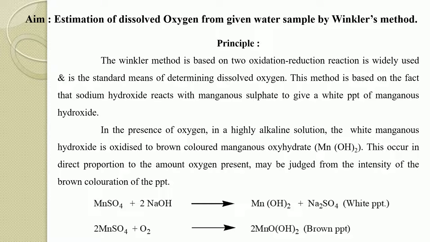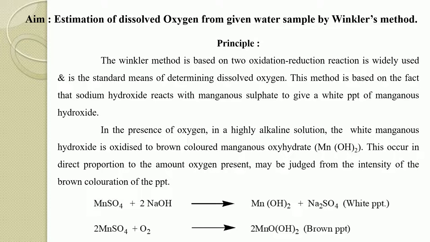The Winkler method is based on two oxidation and reduction reactions, and this is widely used and is a standard means of determining the dissolved oxygen from any given water sample. This method is based on the fact that sodium hydroxide reacts with manganese sulfate to give a white precipitate of manganese hydroxide.